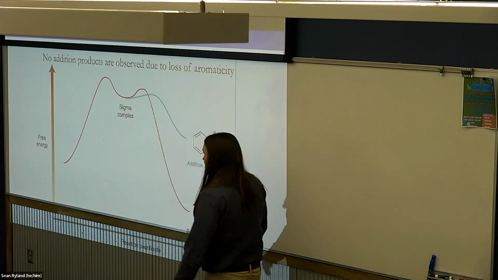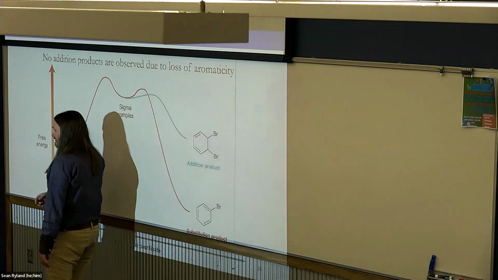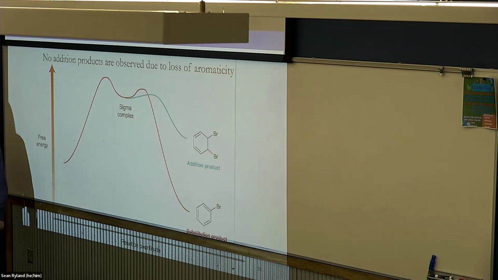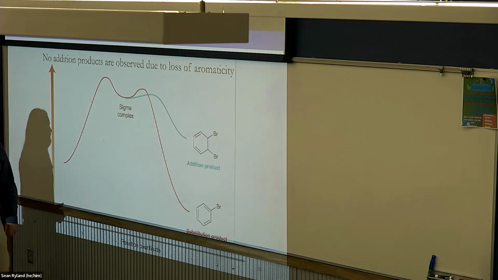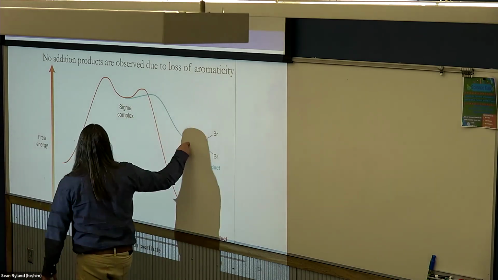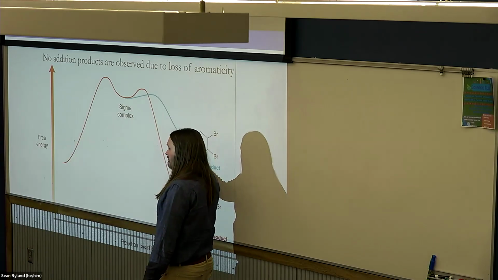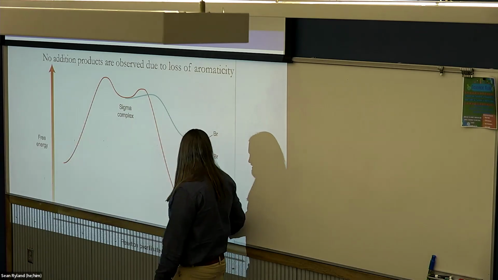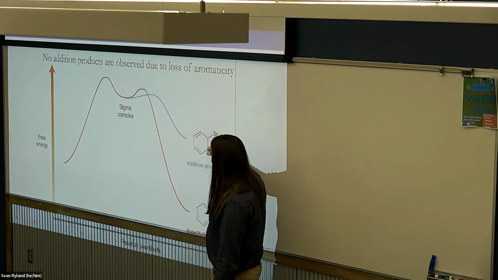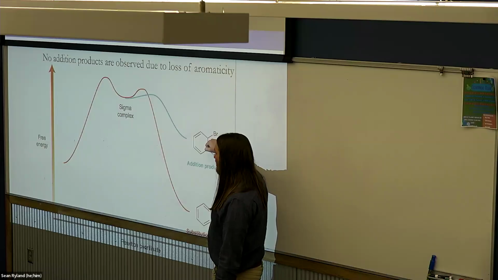So this goes back to your question about why don't we get the addition product? Why doesn't our nucleophile attach to the positive charge? Basically because it's not thermodynamically stable. We don't get to remake the benzene ring by doing that. So we're not gonna see that product really.